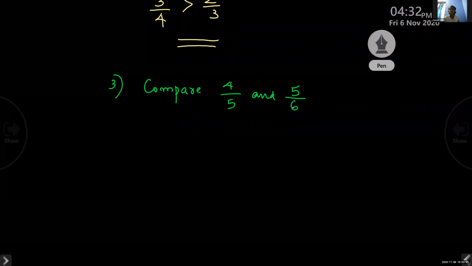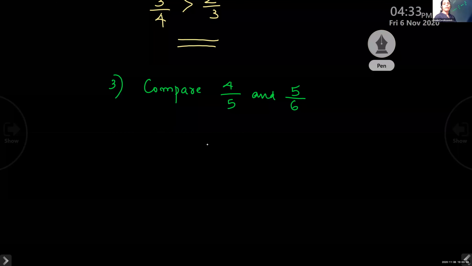Ma'am, we can also compare using cross multiplication, right? Don't do the cross multiplication here. It is not cross multiplication actually. This is the LCM method. Cross multiplication is a different thing. You may find it easy to call it cross multiplication, but that is wrong.